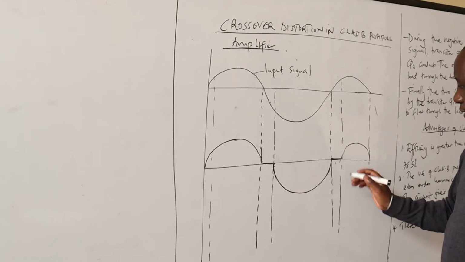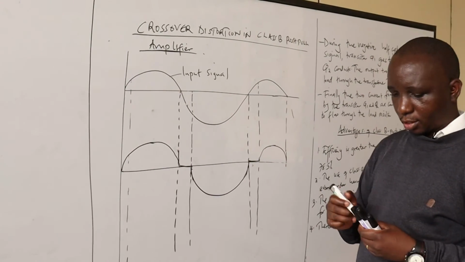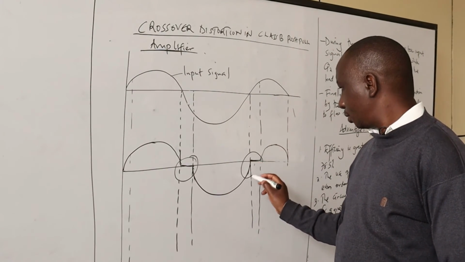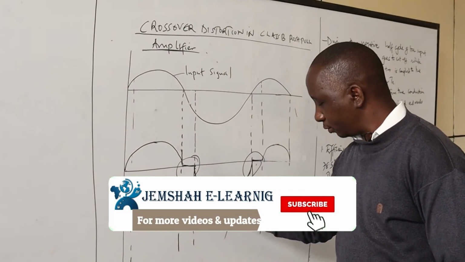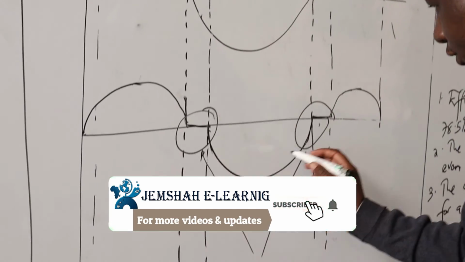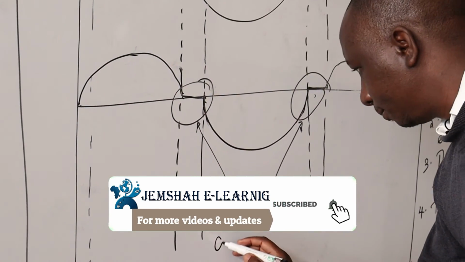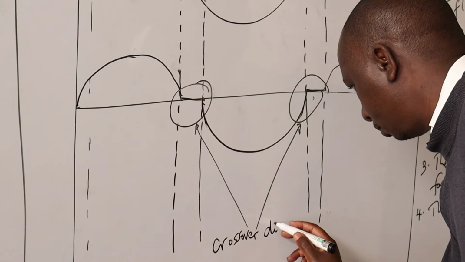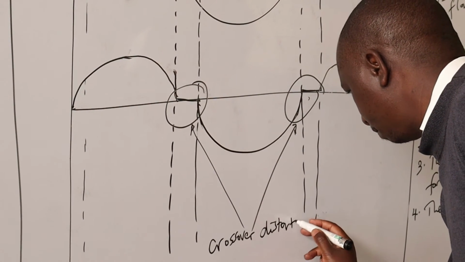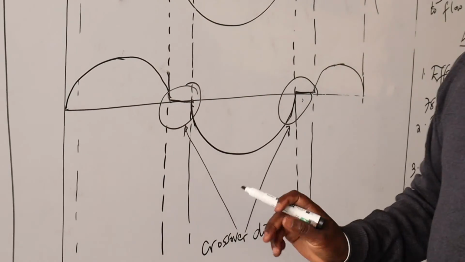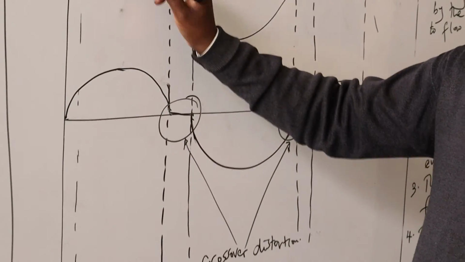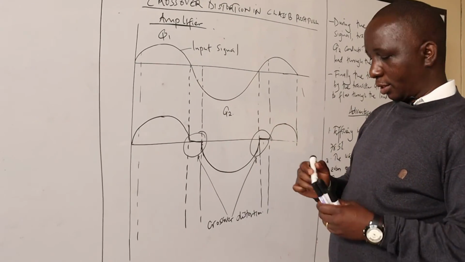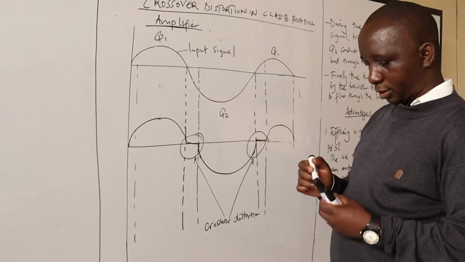When you look at this diagram very well, we're going to realize that these are the points we refer to as crossover distortion. And at this point, this is the conduction of transistor, maybe Q1, and this is Q2. And the repetition goes back to Q1.